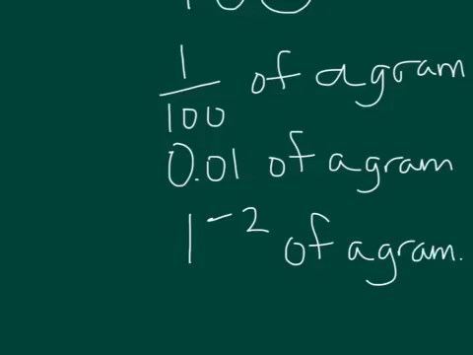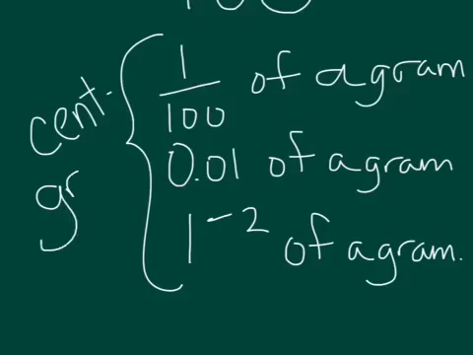And that's all describing centigrams. But I could also be describing centiliters, which would be 1/100th of a liter, 0.01 of a liter, or 10 to the minus 2 of a liter. These are all various ways to describe centi, as in centigram, centiliter, or centimeter.